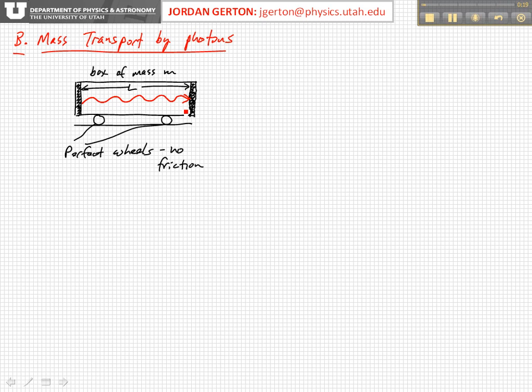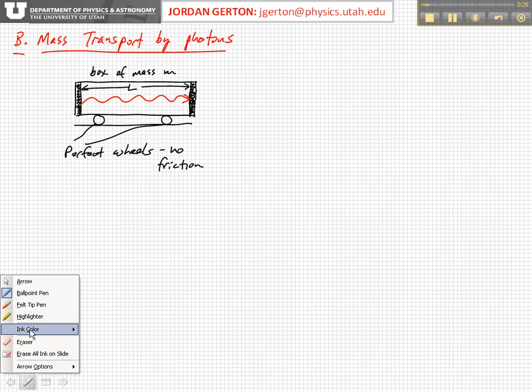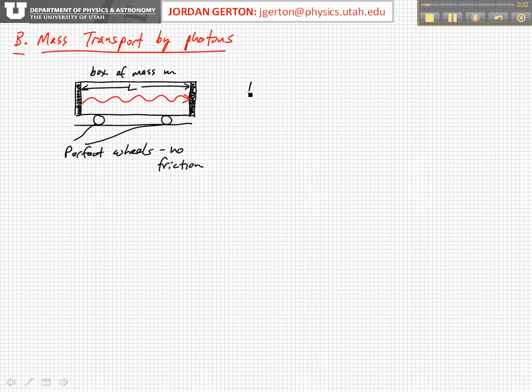Now when the photon is emitted from the left side of the box, it has an energy E, and so it carries a momentum E over c.